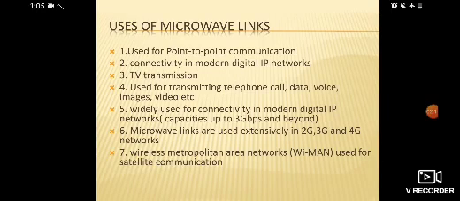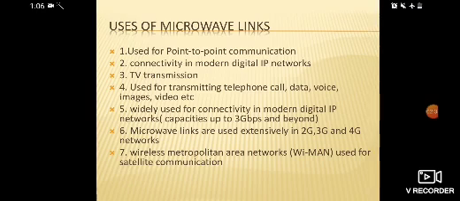Whenever we say point to point, the link is shared by two devices only. The link is not shared with other nearby devices.